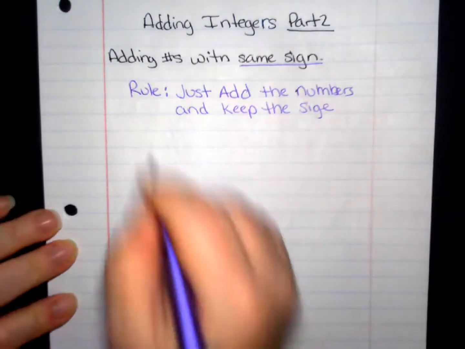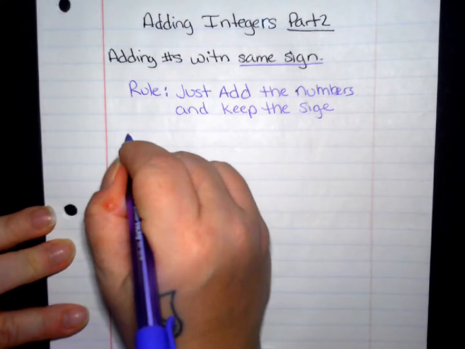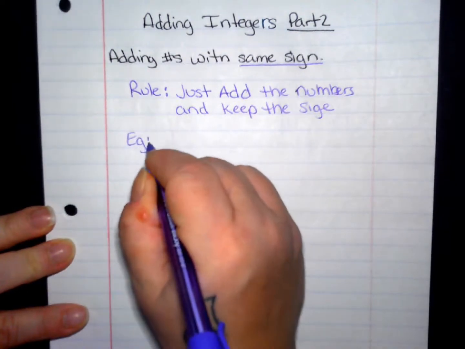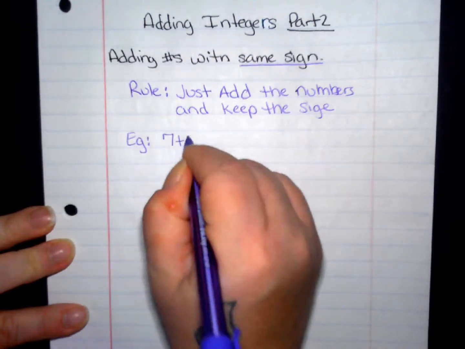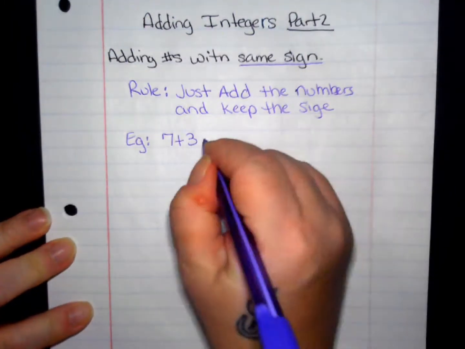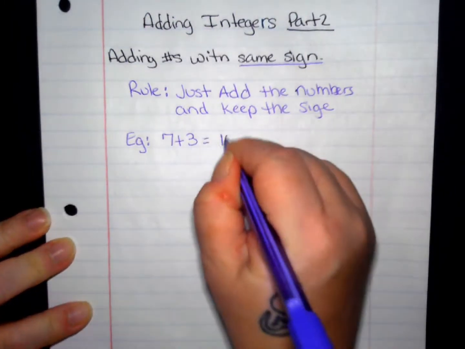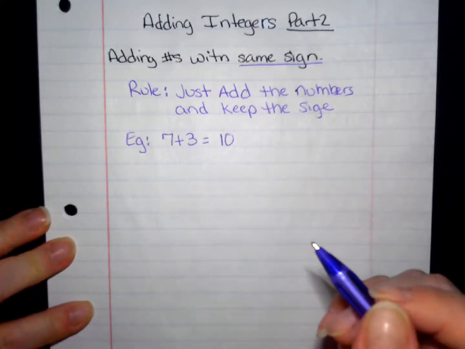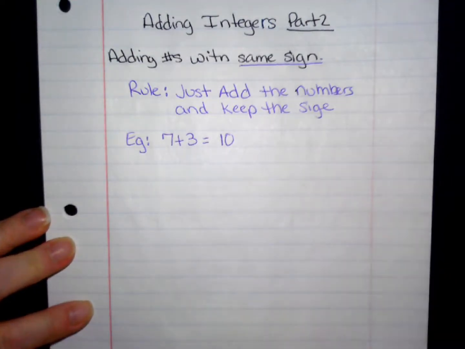Okay? Here's your example. Example: 7 plus 3. If I add the two numbers, I get 10, and they're both positive, so it is a positive 10. Okay?